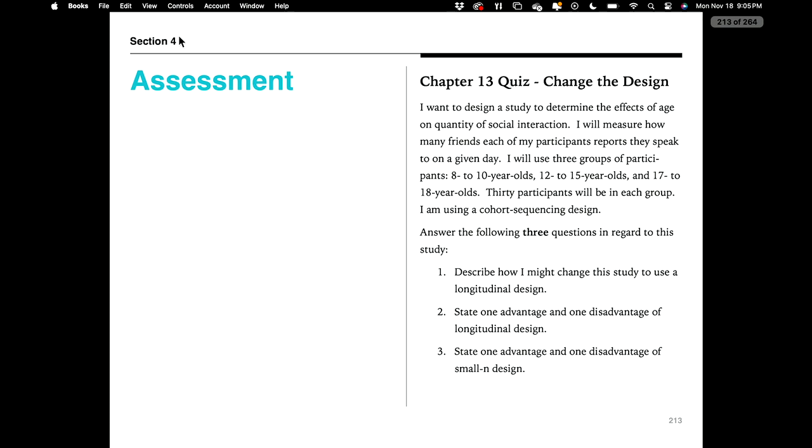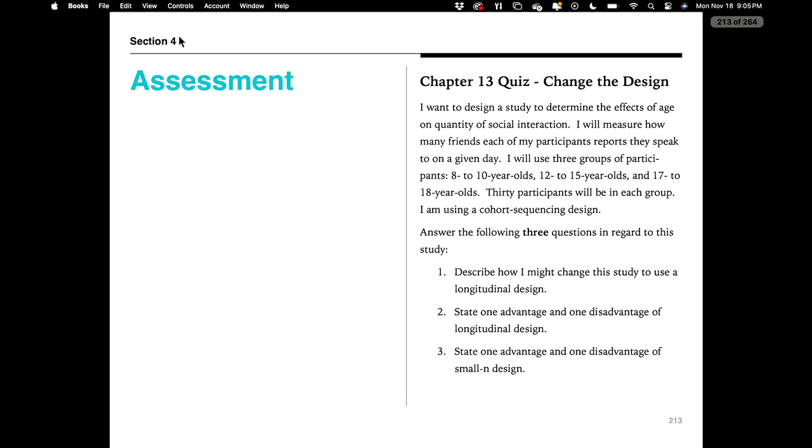I have my 3 groups, and I want you to answer these questions. Describe how I might change the study to use a longitudinal design. Not a cross-sectional, but a longitudinal design. So you have to think about, what is a longitudinal design? You look that up. How do I modify this to change it into a longitudinal study?